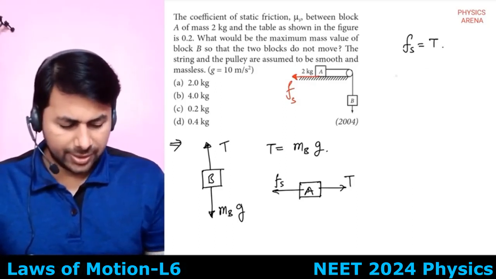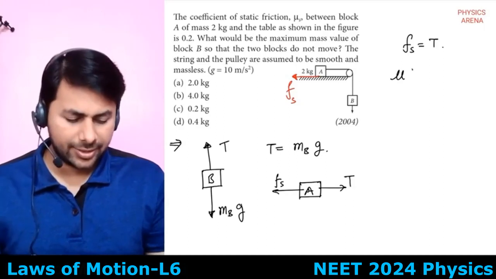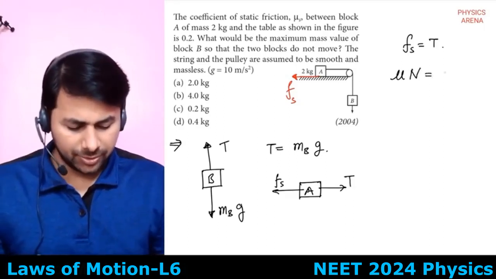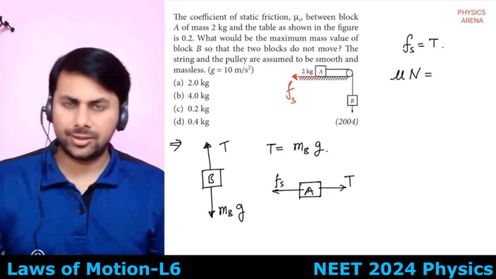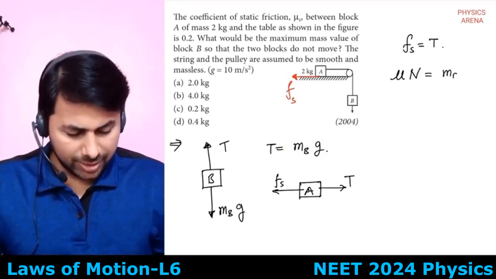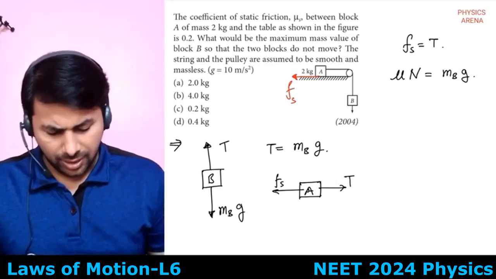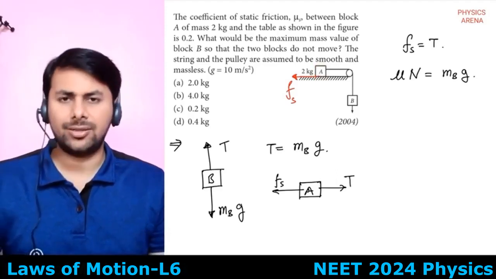And how much is Fs? It is mu multiplied by the normal reaction. It is equal to T, and T we found is equal to mb times G, so mass of B multiplied by G. And how much will be the normal reaction here?